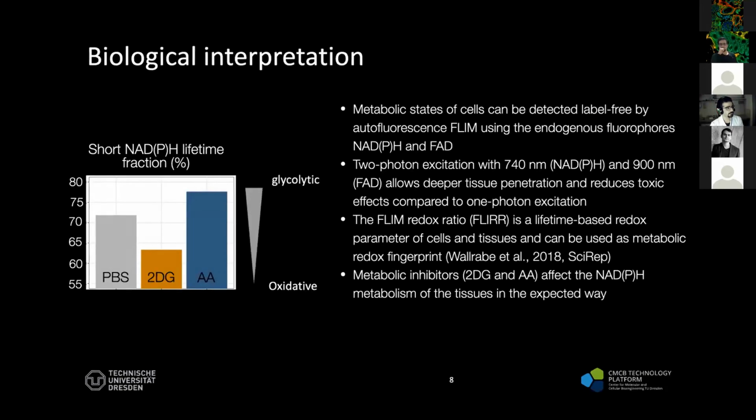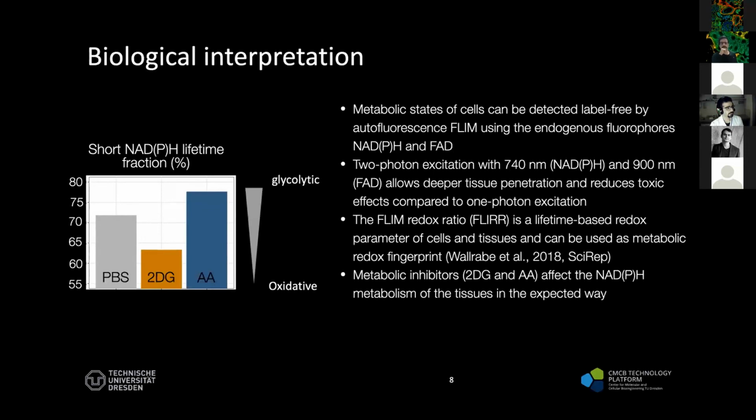Okay, so I will shortly summarize the biological interpretation of what we've seen, then leading over to Ali's final slides. So we use the technique of metabolic FLIM to detect, in a label-free way, metabolic states using autofluorescence of NADPH and also, if you like, FAD.